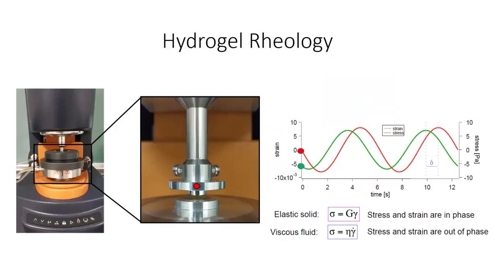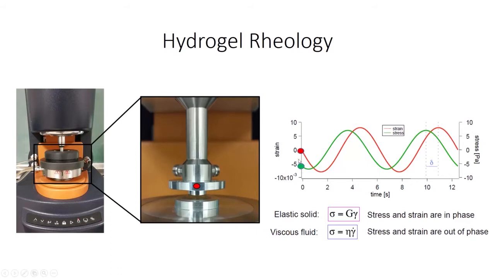I'm going to give you a brief introduction to hydrogel rheology. On this image in the left, you see everything's covered by an environmental chamber to reduce evaporation. However, if we don't have the chamber on, it looks something like this in the middle. And if we go through the animation, you're going to see this red dot rotate back and forth.